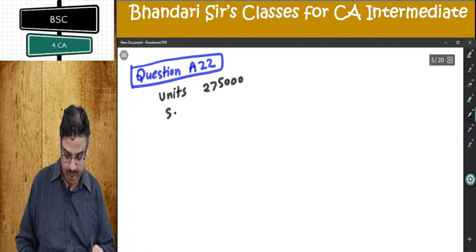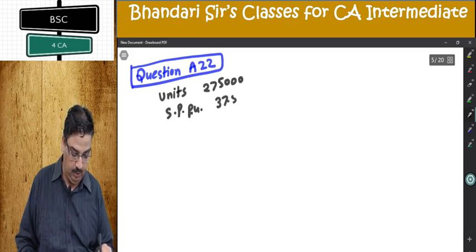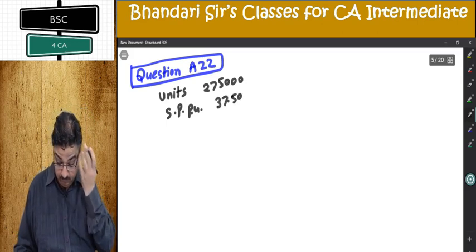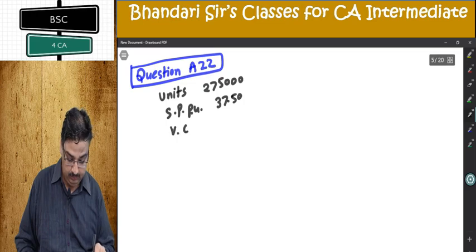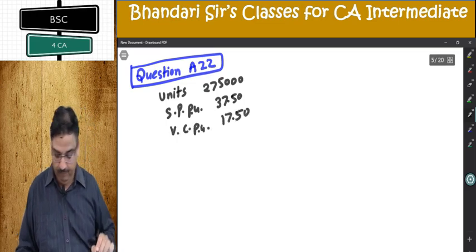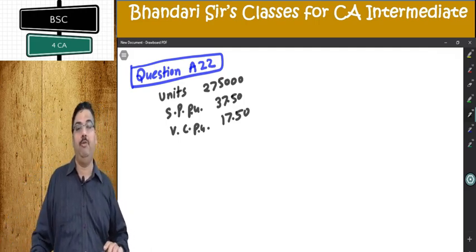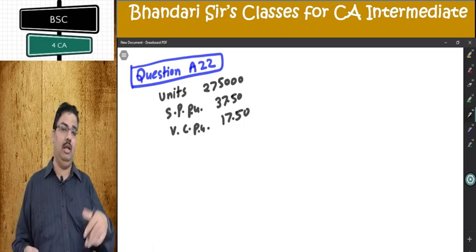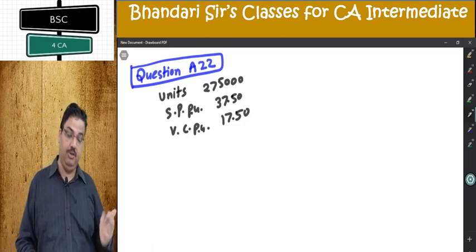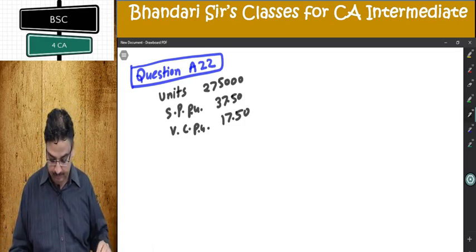Selling price per unit 37.50. Variable cost per unit 17.50. Its detail are also given: manufacturing 14, 3.50 selling. If there is any change, then we can consider. Otherwise, I have sufficient information in 17.50.